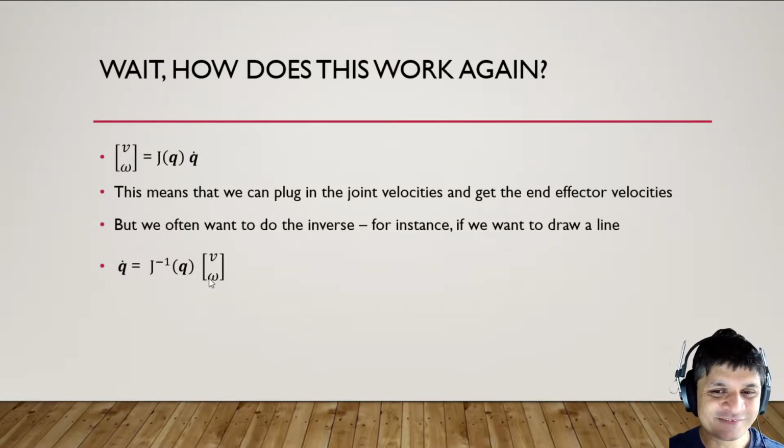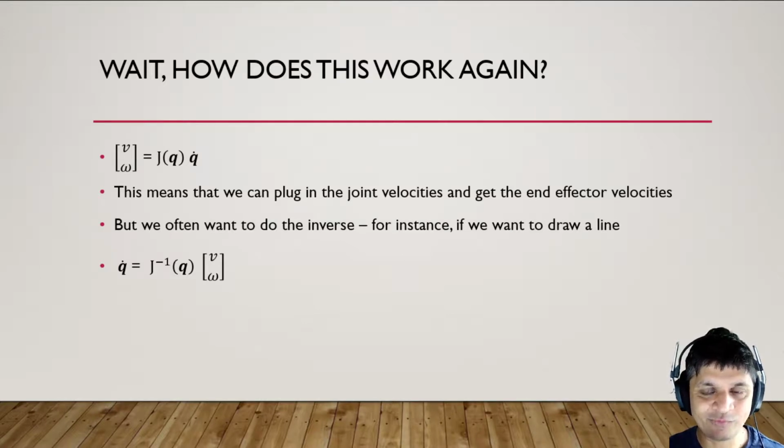And that's kind of cool because all it means is that if we wanted to plug in desired end effector velocities, we could just use the inverse of the Jacobian to get the motor velocities that we need to use for control. Okay, does that make sense? Let me just say that again because I'm not sure I was entirely clear. Basically, when we're doing control, what we're trying to do is calculate desired motor velocities.